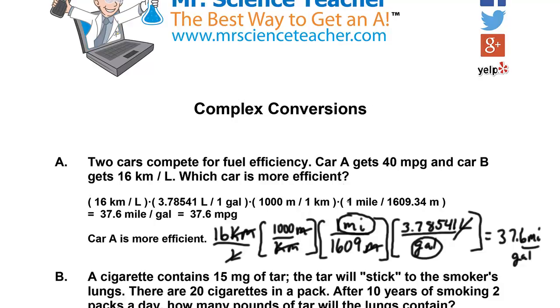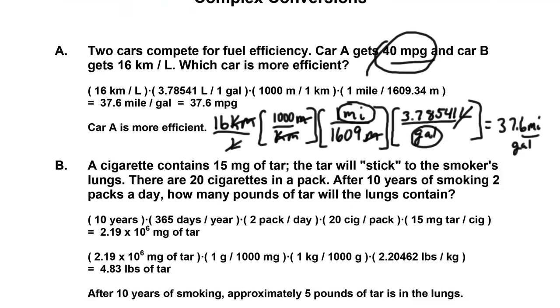So that's car B, and car A is 40 miles per gallon. Car B is 37.6. So clearly car A, since it's got a greater mile per gallon, is more efficient. So you can solve any problem being presented if you know the conversion factors. Any problem. So let's have some fun with this.